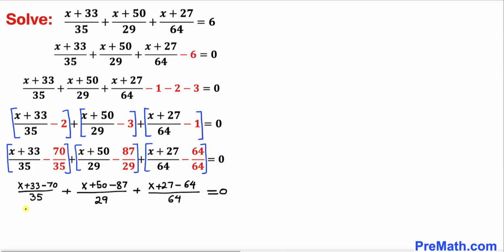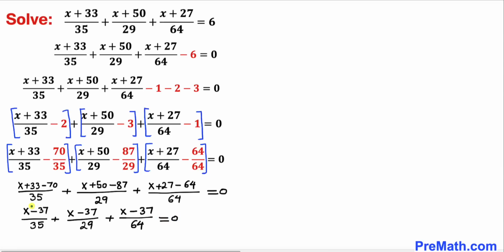So therefore, our equation becomes (x - 37)/35 + (x - 37)/29 + finally (x - 37)/64 equals 0.